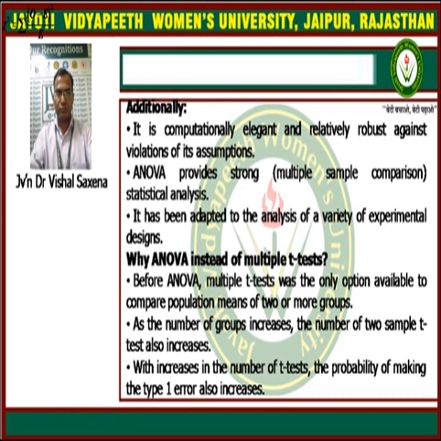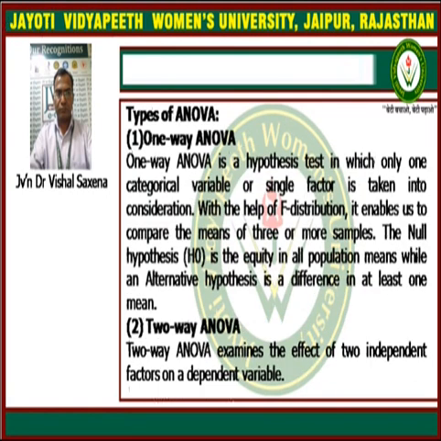With the increase in the number of t-tests, the probability of making a type 1 error also increases. So it is an important and notable point that with the increase in the number of t-tests, the probability of making a type 1 error also increases, and that's why ANOVA can be used in place of the t-test.